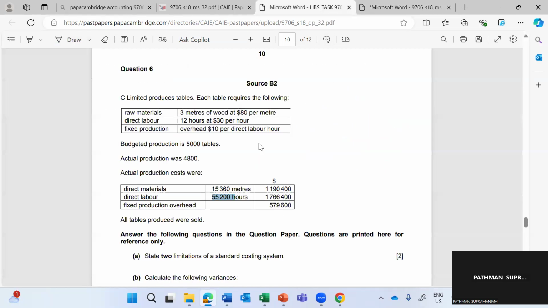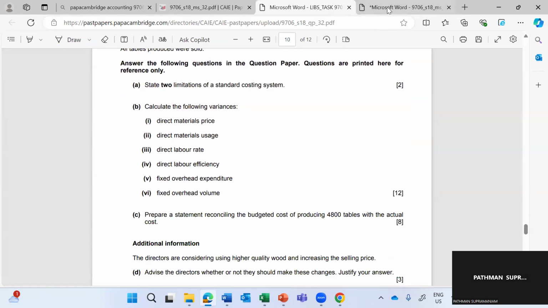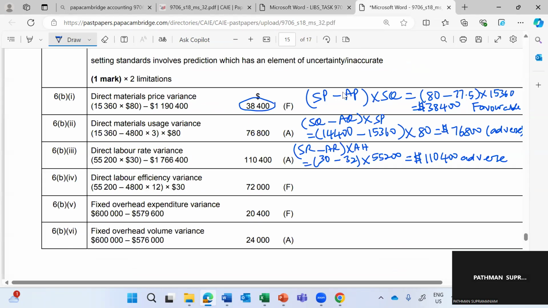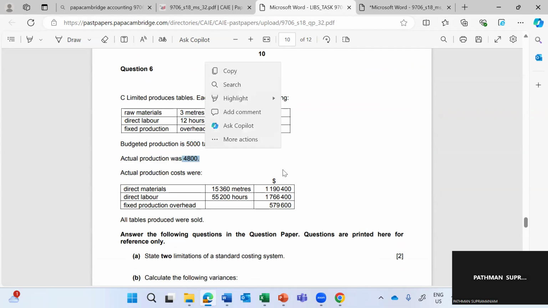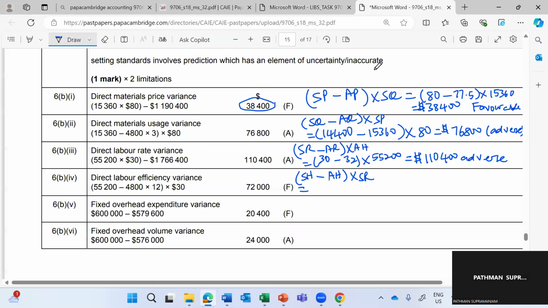Right, then we work out our direct labor efficiency variance. Okay, so the formula is standard hours, as in how much time was supposed to be taken to produce the units, minus actual hours, as in how much time was actually taken, times standard rate. So the standard hours: 1 unit is supposed to take 12 hours. So to produce 4,800 units is 12 times 4,800, which is 57,600 hours.